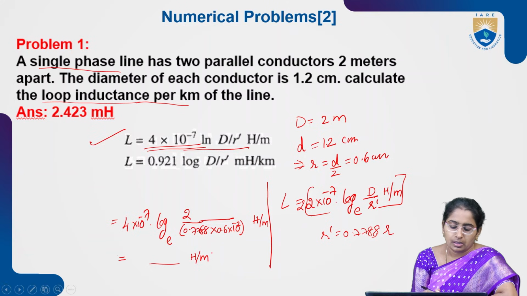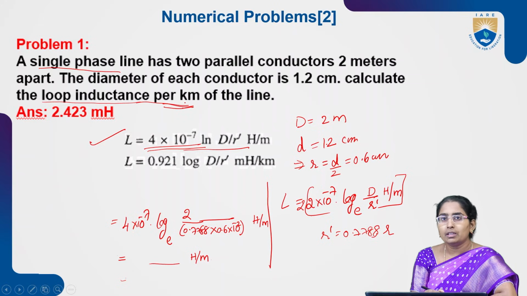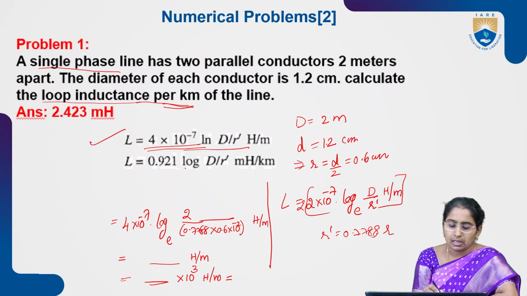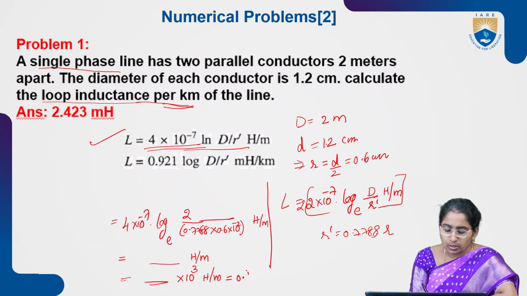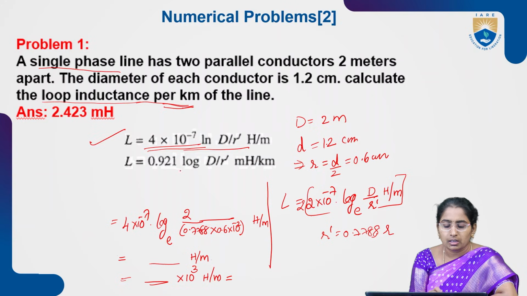But they asked per kilometer. Calculate the loop inductance per kilometer. Per kilometer means multiply by 10 cube. Whatever value we obtain here, multiply it by 10 cube. The final answer is given in terms of the logarithm of capital D by R dash.